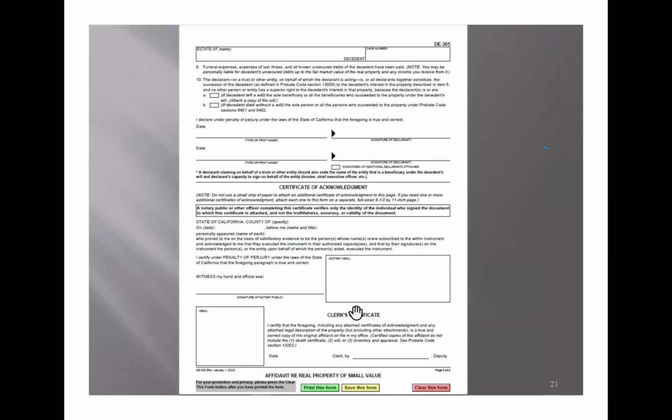Okay, so you get to the next page and you, of course, put the name of the decedent up there. And then 9 is kind of just information for you, pointing out that the people who are inheriting this property are liable for all the debts of the decedent that haven't been paid.